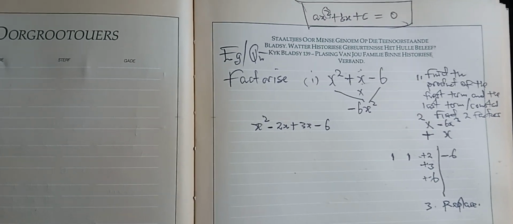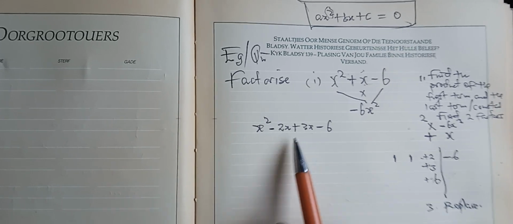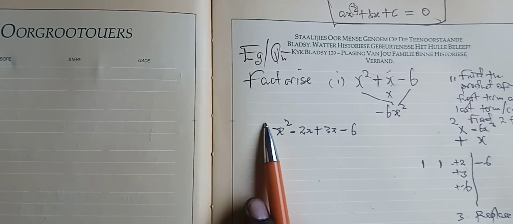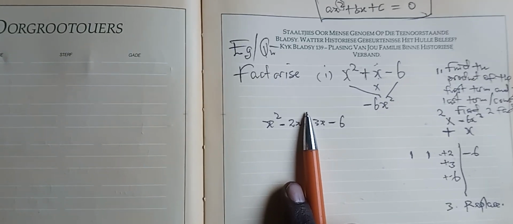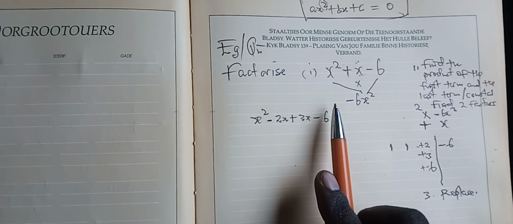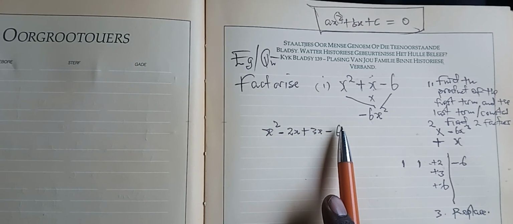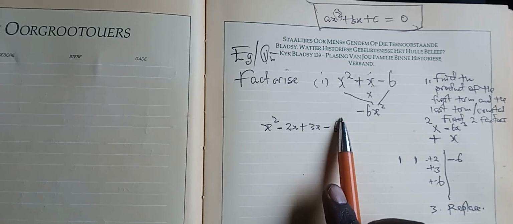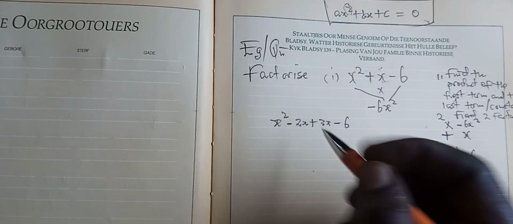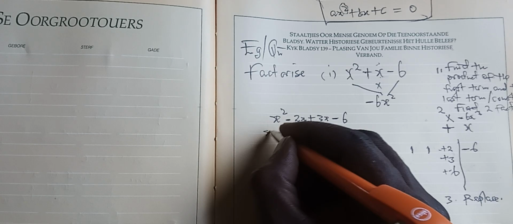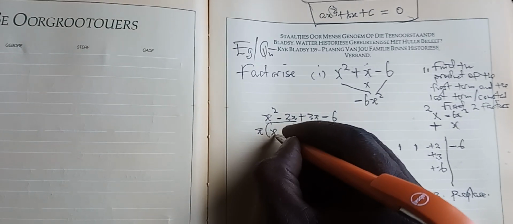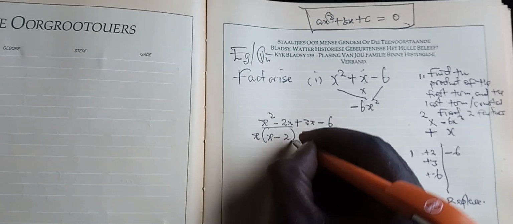And the reason for that is for us to group the quadratic expression such that on these two terms we factor out something, and at the end, when we also factor out something on these other two terms, we are going to get the same bracket. So here we factor out x on these two terms, and in the bracket we are going to have x minus 2.